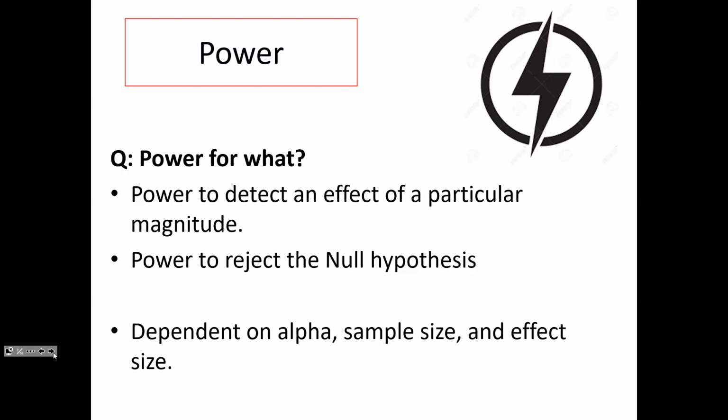We set our alpha level, like what's our traditional alpha? 0.05, right? That's how willing I am to make a type 1 error. What's a type 1 error again? I say that something's statistically significant when I shouldn't have, when the null hypothesis is true, right? So traditionally, for whatever reason, we set a type 1 error rate of 0.05.